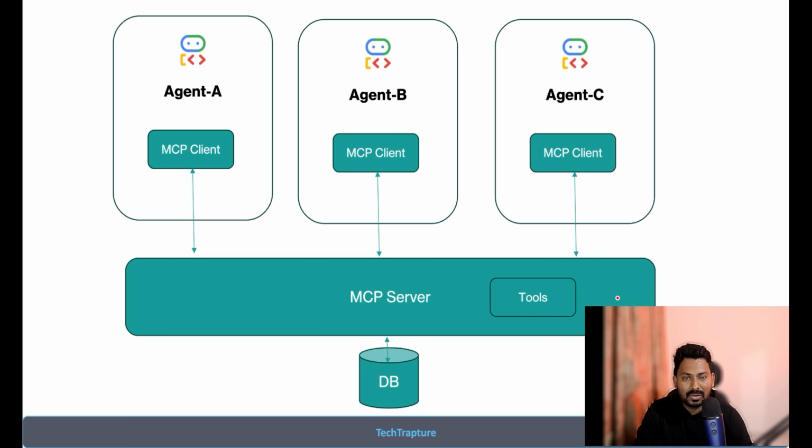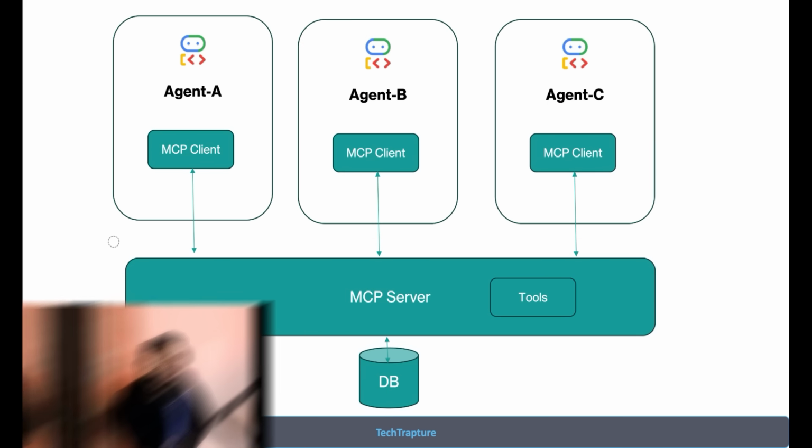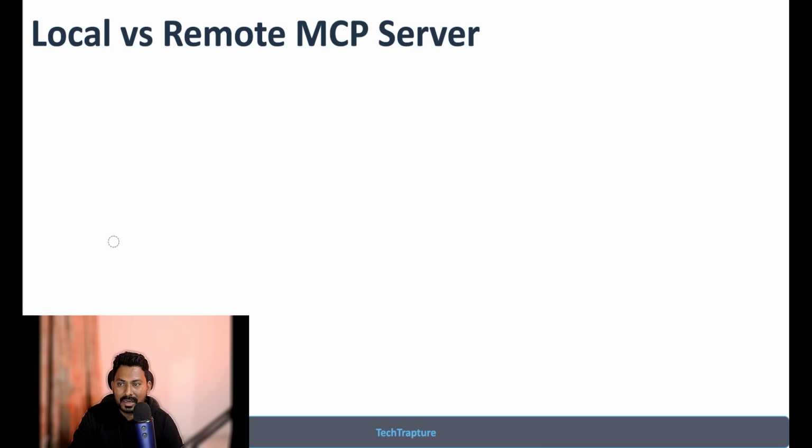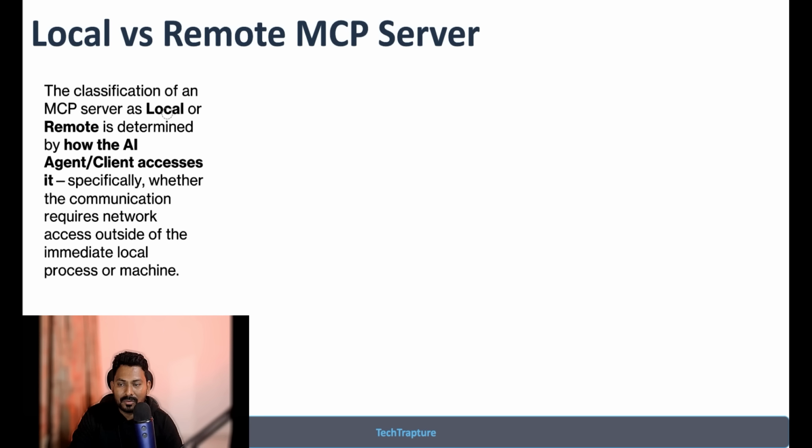I'm giving an example of Google Cloud ADK, but the same is applicable to other agentic systems as well. Now let's talk about a very common confusion about MCP servers: local versus remote MCP server. What is a local server and what is a remote MCP server? Local or remote is terminology based on how the agent or client accesses your MCP server.